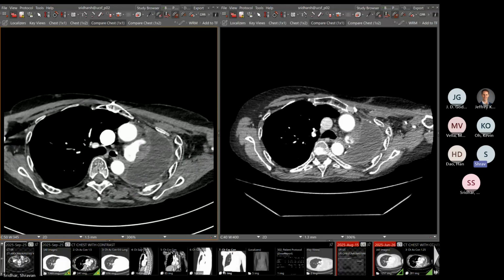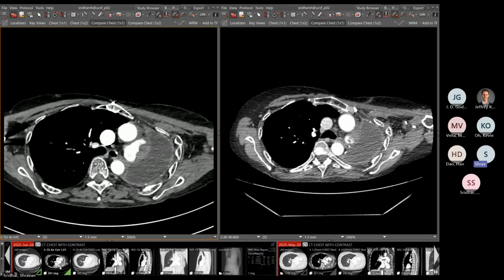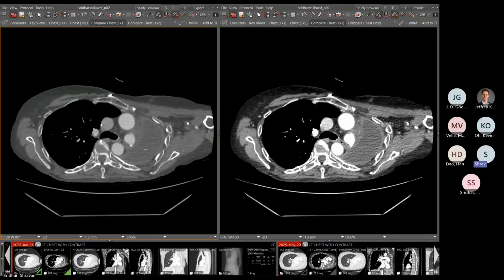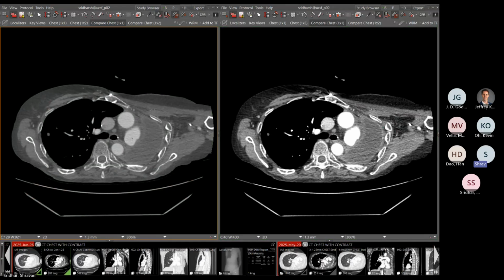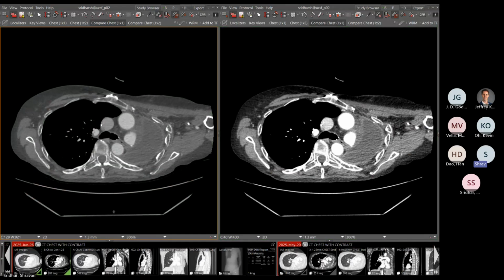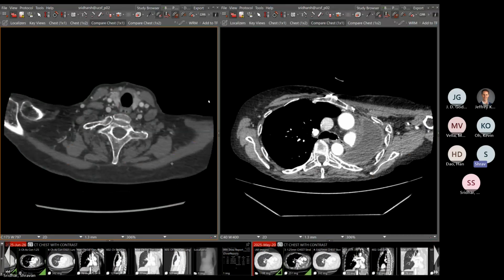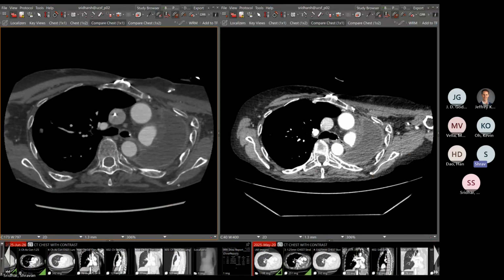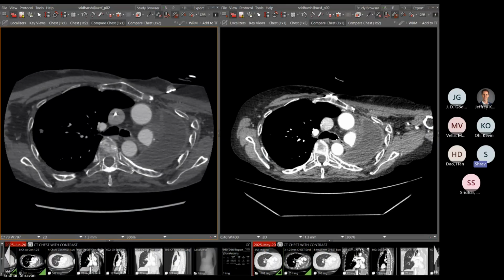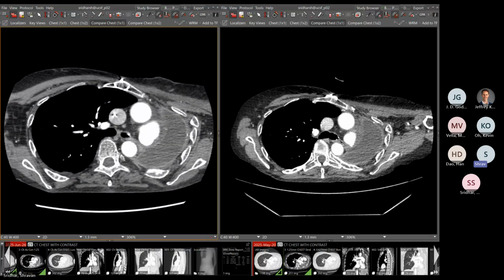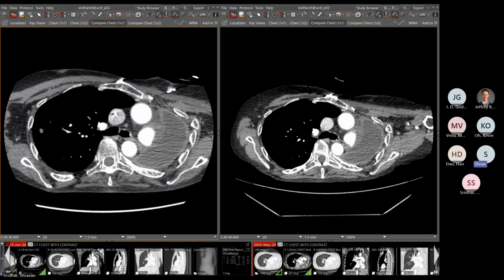If you look at it on priors, I think the most helpful thing is to study this anterior portion, and that has significantly grown from the prior exam to the current exam. And so here we can see it over time. On some of these exams, this layering hypoattenuating material along the superior aspect of the main pulmonary artery, from exam to exam, may increase a little bit or decrease a little bit in thickness.